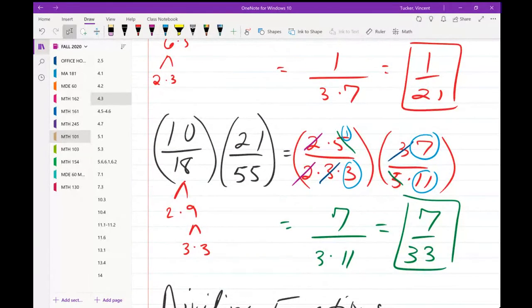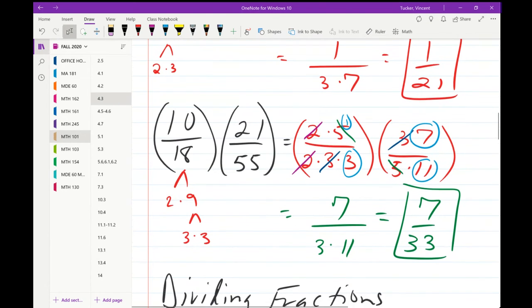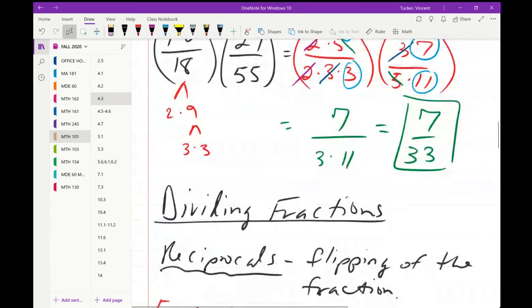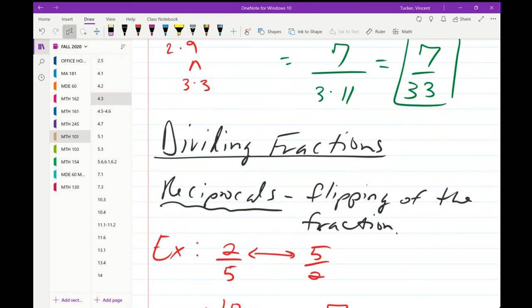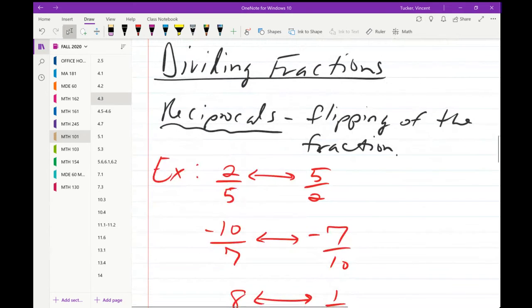All right, before we look at division, any problems? Division is very similar to multiplication, it's just one extra step, but the process is very similar. All right, so dividing fractions, the first thing I just wanted to mention was reciprocals.